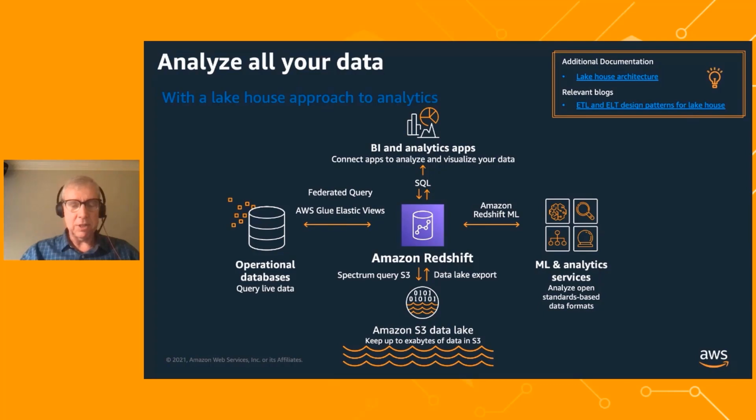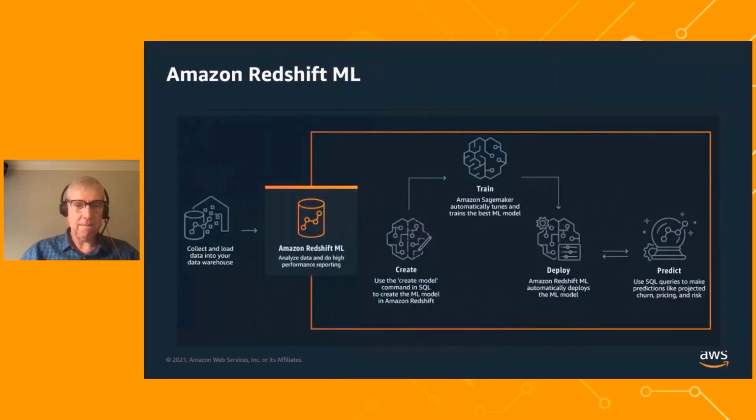And finally, the part that we're going to be focusing on today is how we integrate with ML and analytics services. You can use Amazon Redshift to integrate with SageMaker. Amazon Redshift ML makes it easy for data analysts and database developers to create, train, and apply machine learning models using familiar SQL commands in Amazon Redshift data warehouses.